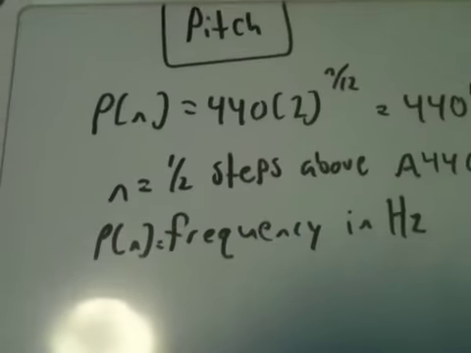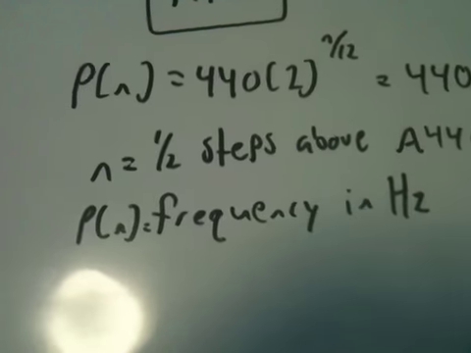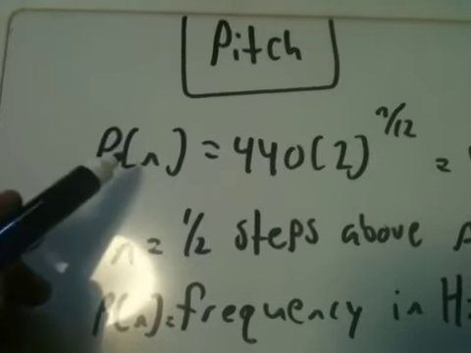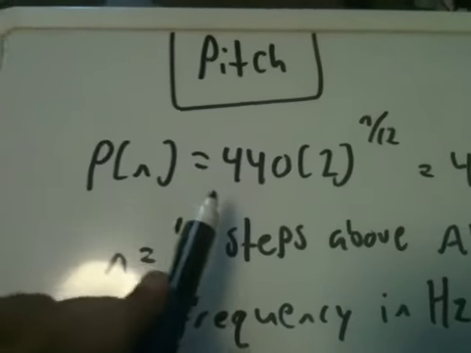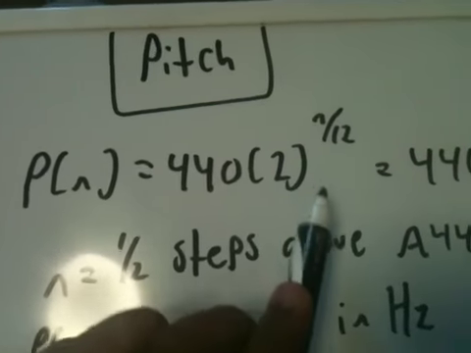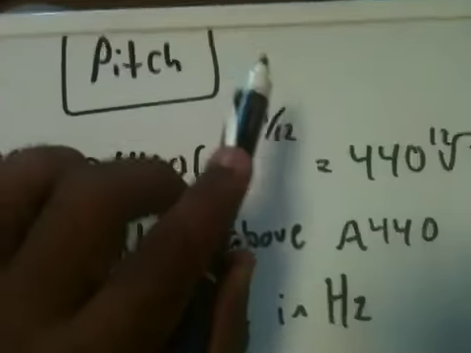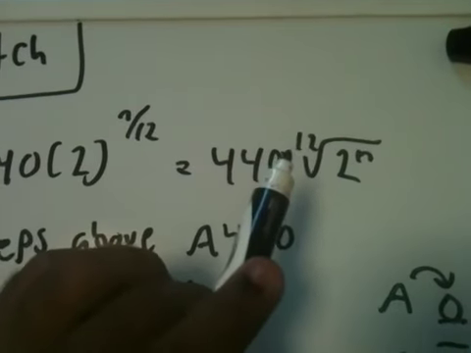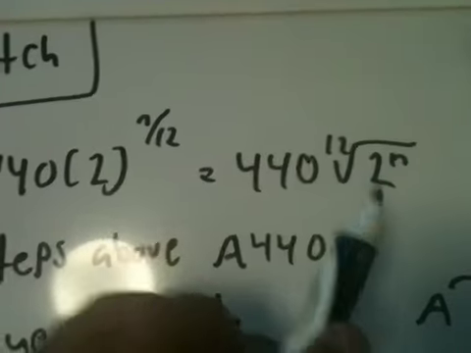So, in order to find any note's frequency, we use this equation, which is P of n is equal to 440 times 2 raised to the power of n over 12. Alternatively, you can write this as 440 times the 12th root of 2 to the n.